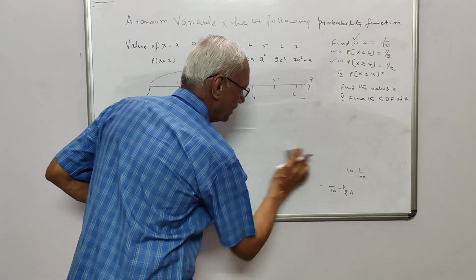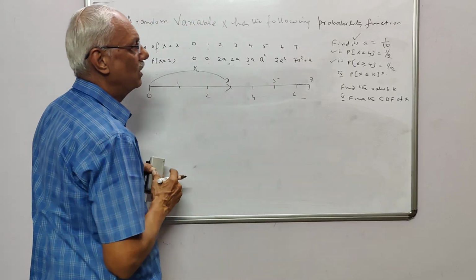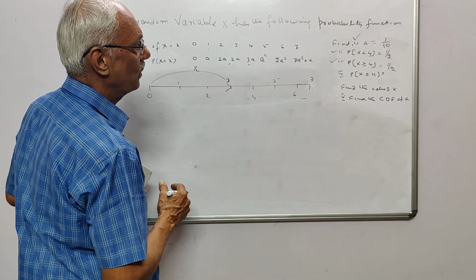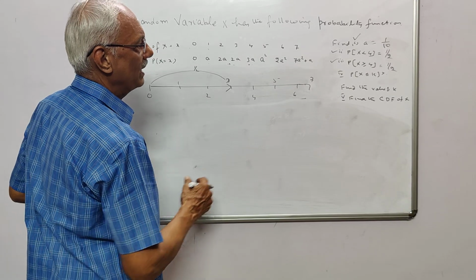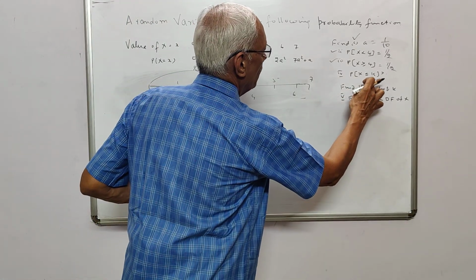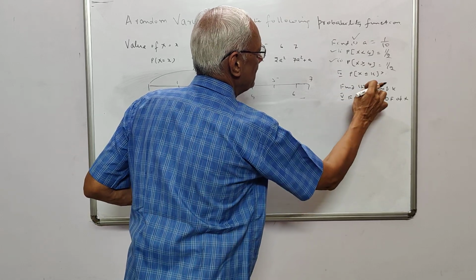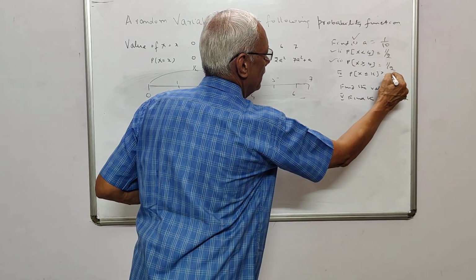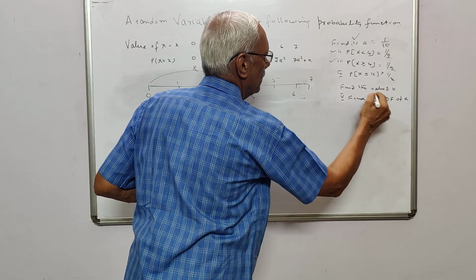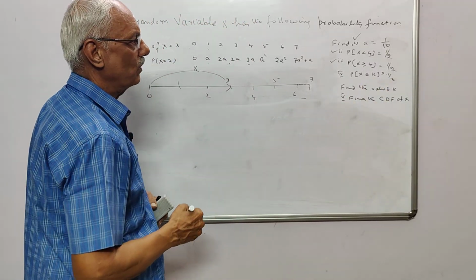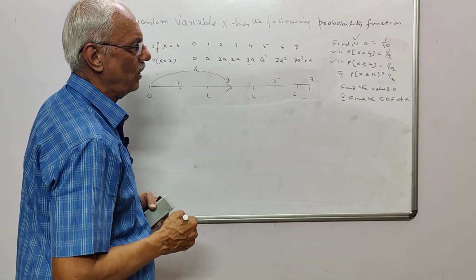Next, find the value of k. Here you are given P of x is less than or equal to k and it is greater than half.